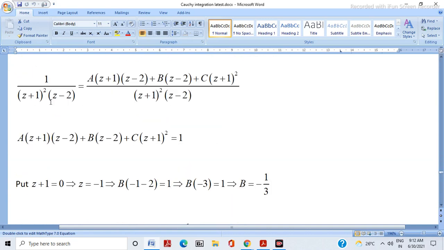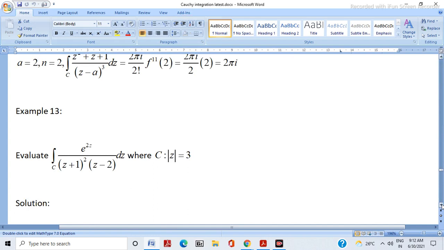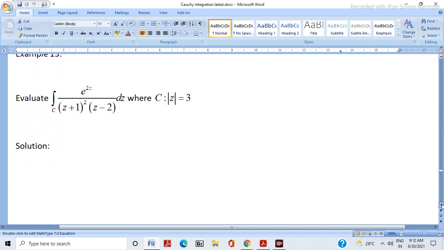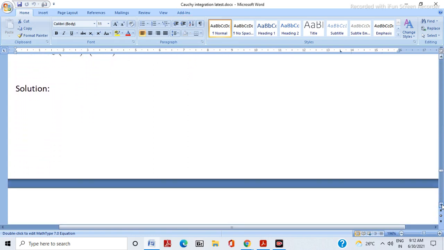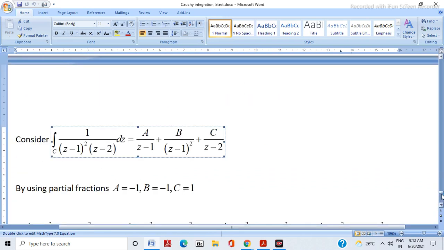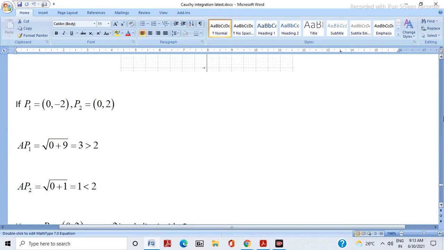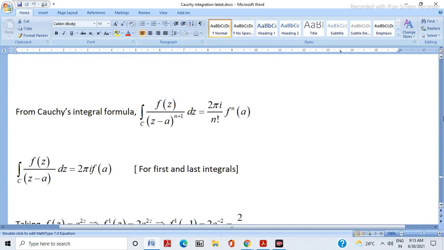Yes, here just see. Here, I think 7th problem or 8th problem something. 13th problem. We have done, hello? Just see here 1 by z plus 1, no, that is z plus 1 all square only. Here it is z minus 1 all square into z minus 2. There it was, okay. I think we have done the same partial fraction, I think so.